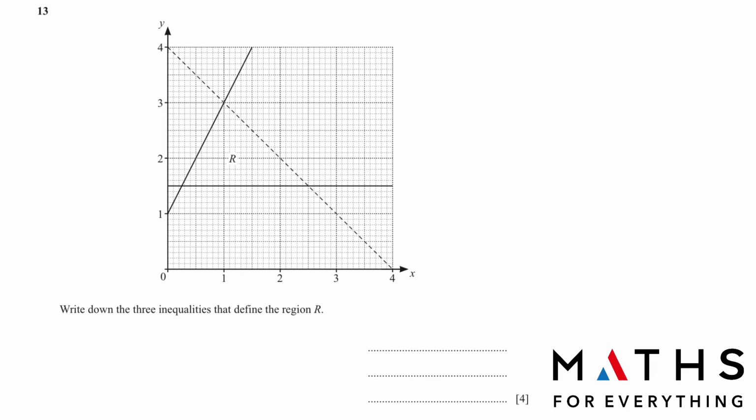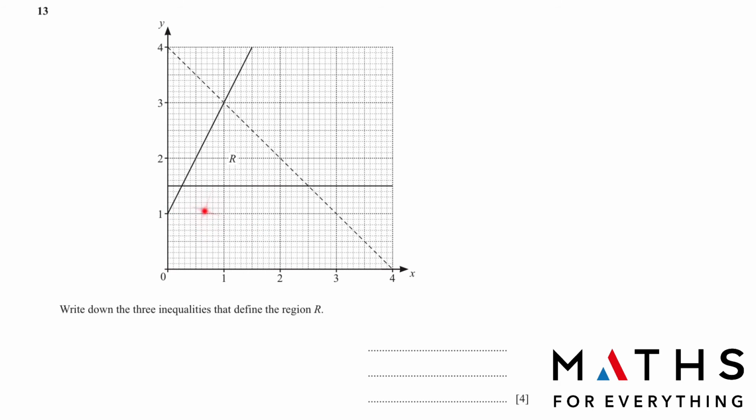Question number 13. We have been given 3 lines and we have to write down the 3 inequalities that define the region R. The first one, the straight lines are always easy. You know that this is your y and this is your x. So this is the region that we want. This is the unwanted region.